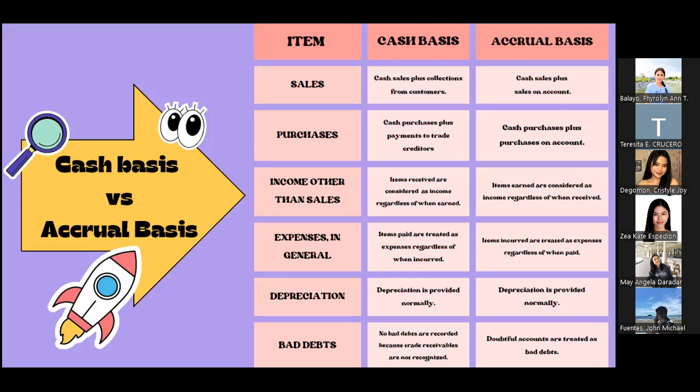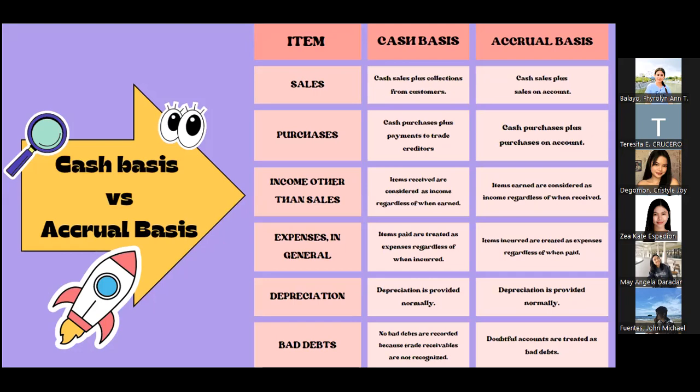For expenses in general, this means operational and admin expenses. Under cash basis, items paid are treated as expenses regardless of when incurred. Under accrual basis, items incurred are treated as expenses regardless of when paid.